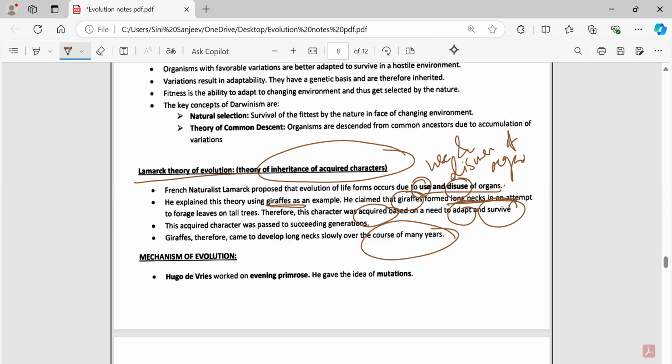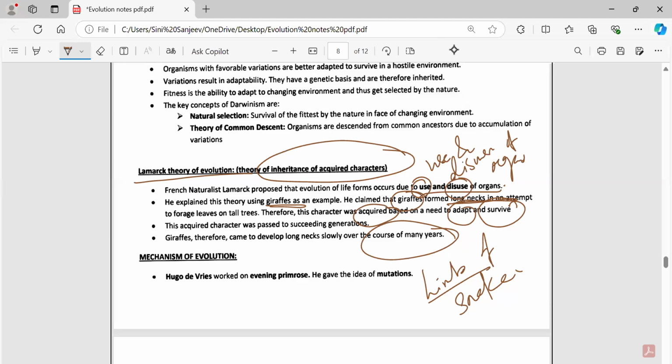And when you come to the disuse of the organs, you can take the example of the limbs of snakes. Nowadays, if we see, snakes do not have limbs, but they say it was eliminated because it was not in use for the snake, because they used to slide and go. So whatever limbs were there, generation by generation, when the genes passed on, they completely vanished, and there are no limbs present on the snake.